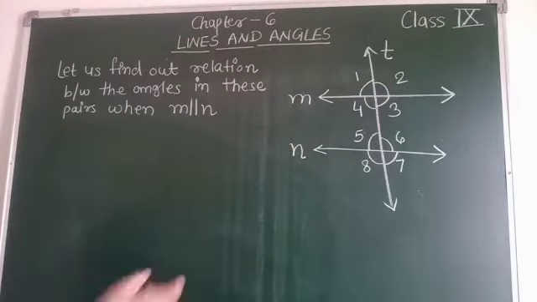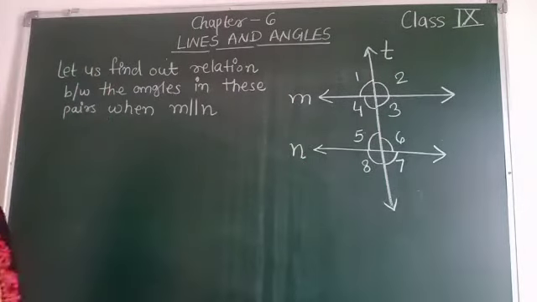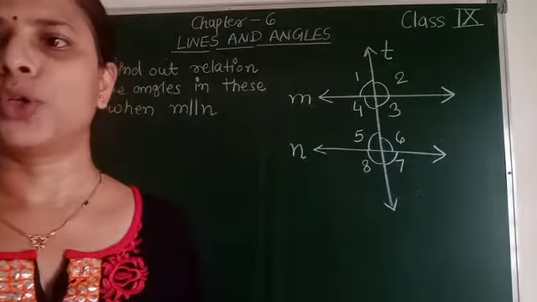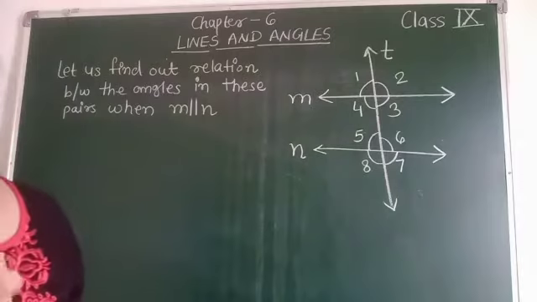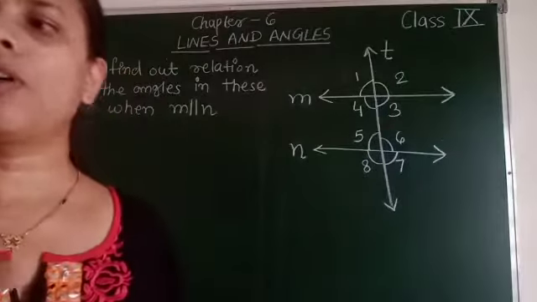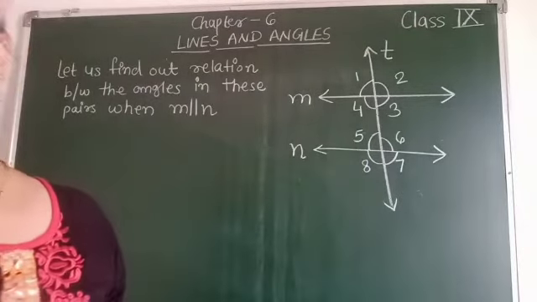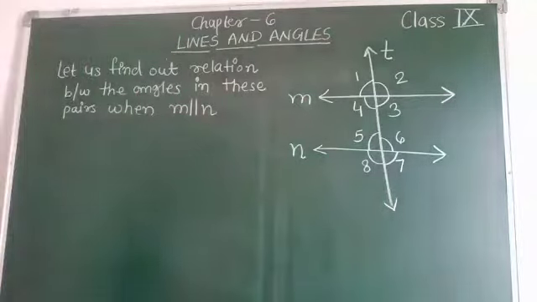Now let us find out the relation between the angles in these pairs when line M is parallel to line N. As you know, student, the ruled lines of your notebook are parallel to each other. So with a ruler and pencil, draw two parallel lines along any two of these lines and a transversal to intersect them as shown in this figure.